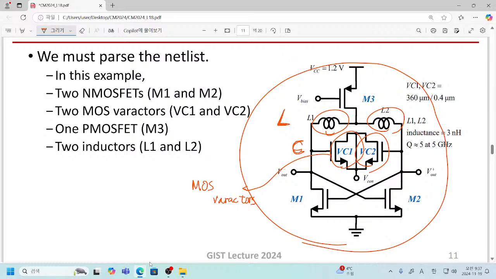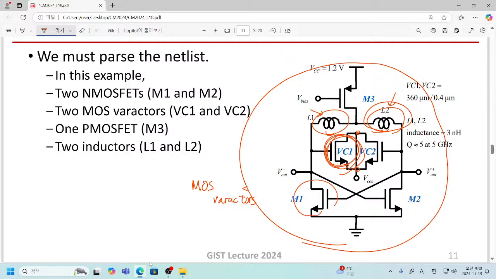Well, in that case, this inductor can be treated as a lumped element. Then how about this varactor? First of all, we have to make a two-dimensional or three-dimensional structure for the MOSFET. After that, connect their source and drain in one contact. Then we can realize this varactor.